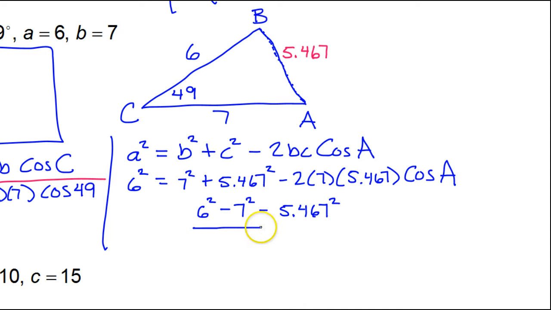Now I need to divide by this portion. So I'm going to divide by negative 2 times 7 times 5.467. By doing that, that gets cosine A by itself.